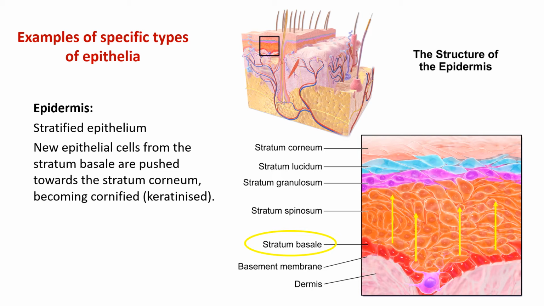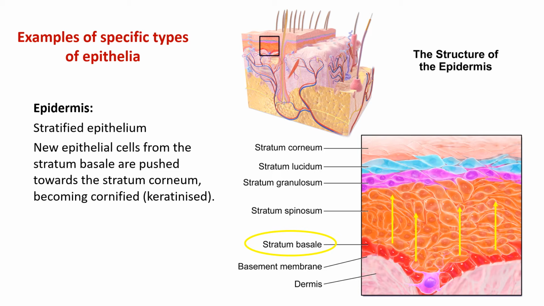And as they go up, they become cornified or keratinized. They change and lose a lot of their functions, but they also become able to hold water and plump out the skin and provide a protective layer.